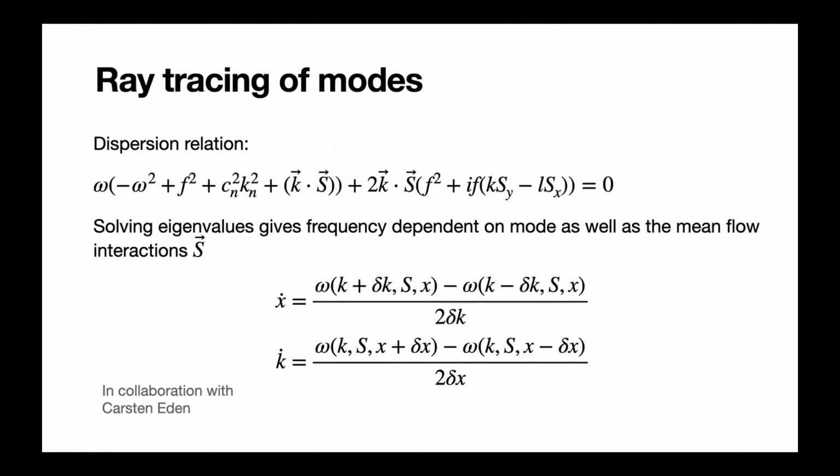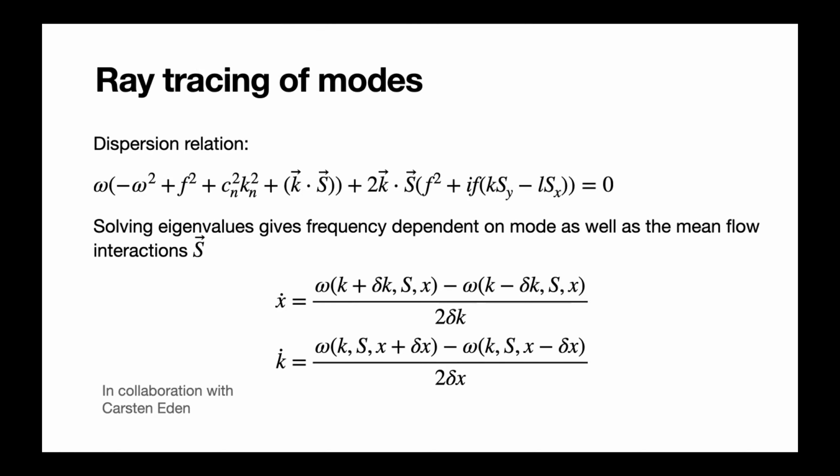And to show that it's really the mesoscale eddies which impact my tidal fluxes, I am doing, in collaboration with Carsten Eden, ray tracing of modes. So solving this really nice short dispersion relation, which has some parts of what you associate with just the modal decomposition, so the Cn and Kn, but also has an interaction with the mean flow, which are my S terms, either in a vector form or just in Sx and Sy.